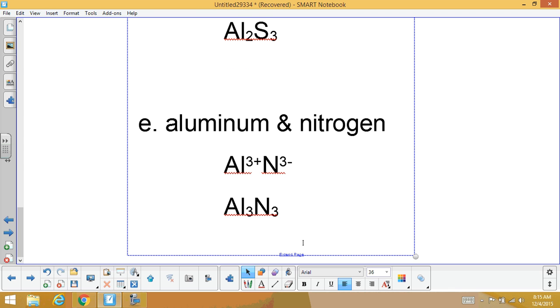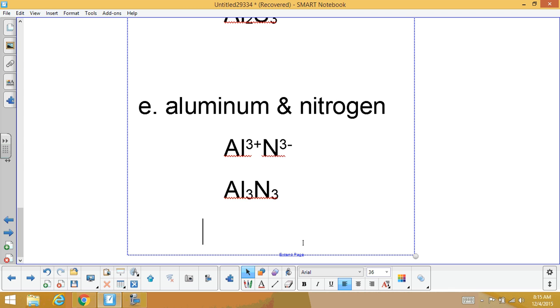Now hopefully some of you out in our audience are saying, hey, can't we make that a lot easier because both of them are 3 and 3, both subscripts? Absolutely. If you want to take it down and make it simpler numbers, as in 3 divided by 3 and 3 divided by 3, both of them are 1, you can just write AlN.